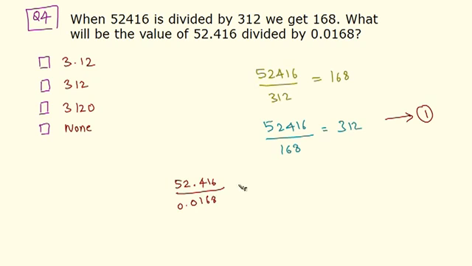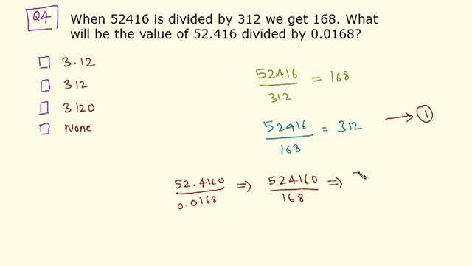0.0168, and this is equivalent to, if I put a 0 here in the numerator, the digits after the decimal point in the numerator and the denominator become the same, so I can directly remove the decimal point, so this becomes 524160 by 168, and this is similar to our equation 1.